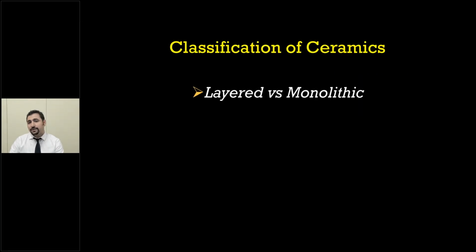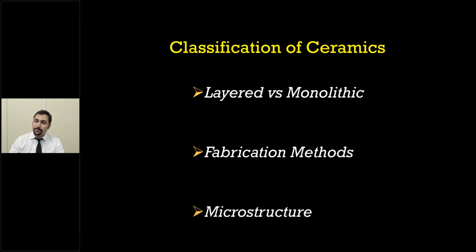We can classify ceramics in general based on different parameters. For example, we can classify them based on whether they're monolithic or have been layered with feldspathic porcelain. We can classify them based on their fabrication method, whether they are milled, pressed, or layered. Or we can classify them based on their microstructure. We're going to go over the classification based on microstructure here because that's going to give us a lot of information on how we can really understand the properties of these ceramics.